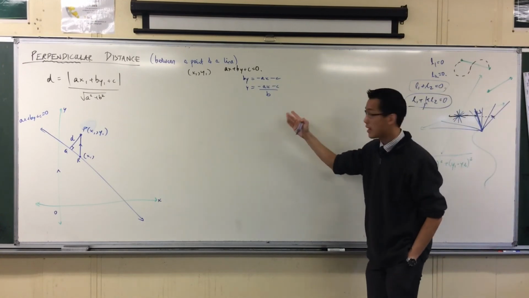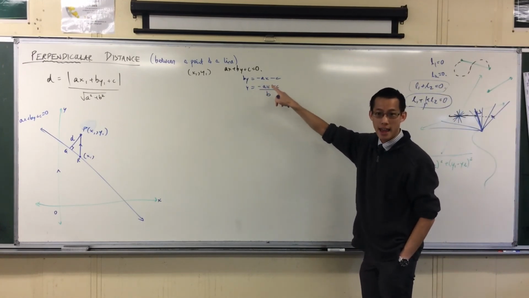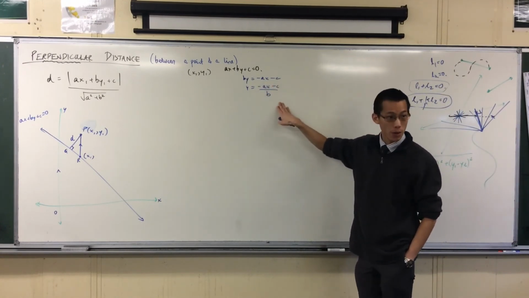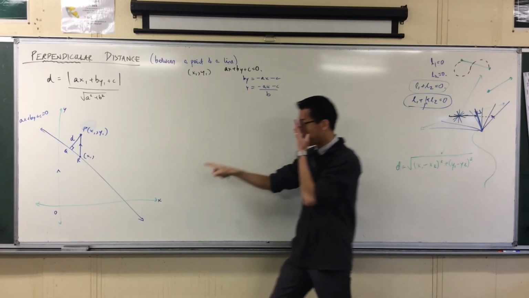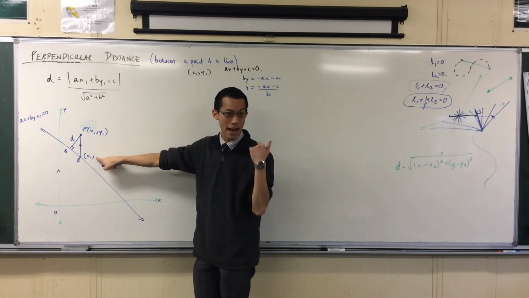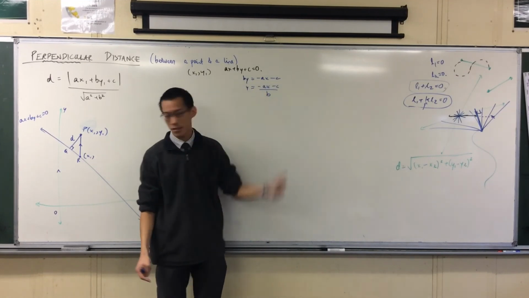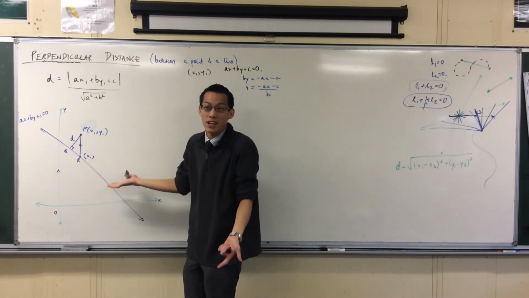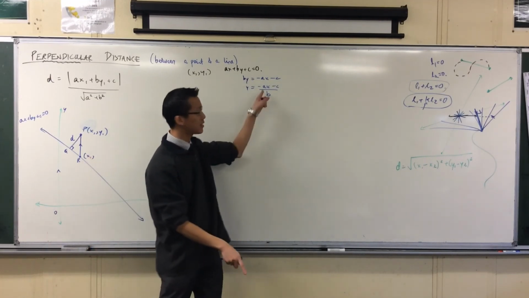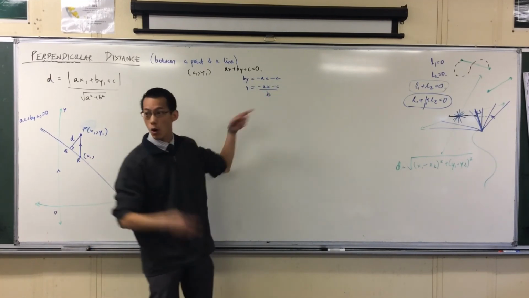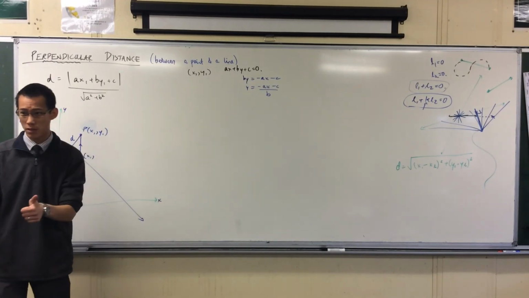It's just going to be minus ax1 minus c all over b. Does that make sense? It's this line, but it's this particular point on that line, so instead of x, I have x1. That's my actual x value. I'm taking my x value, subbing it into the line, and that gives me the corresponding y coordinate. Are you with me so far?